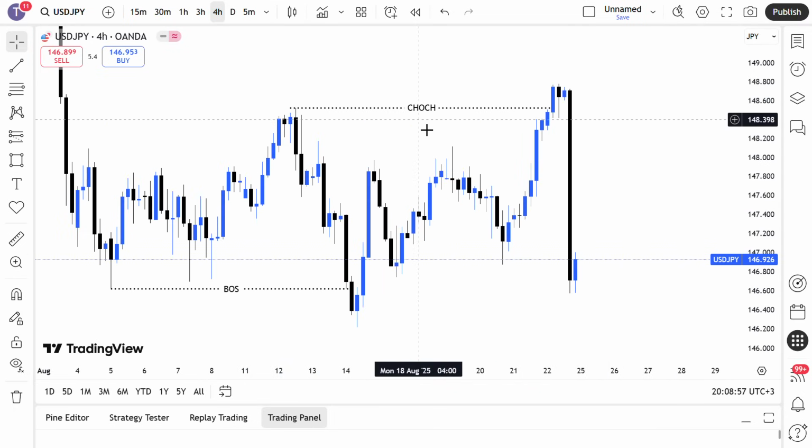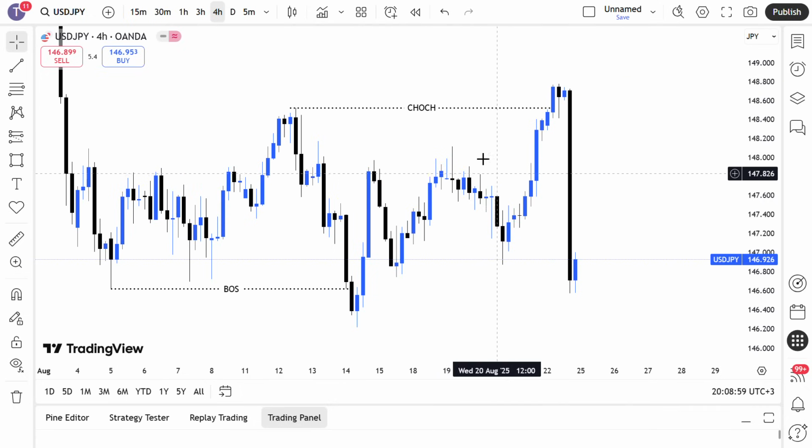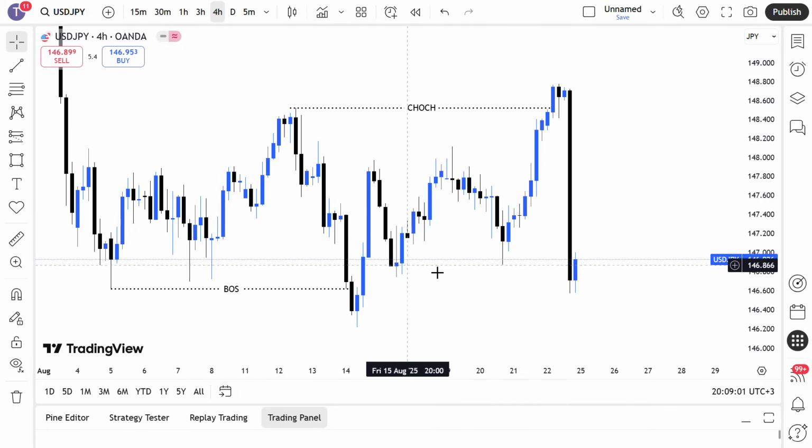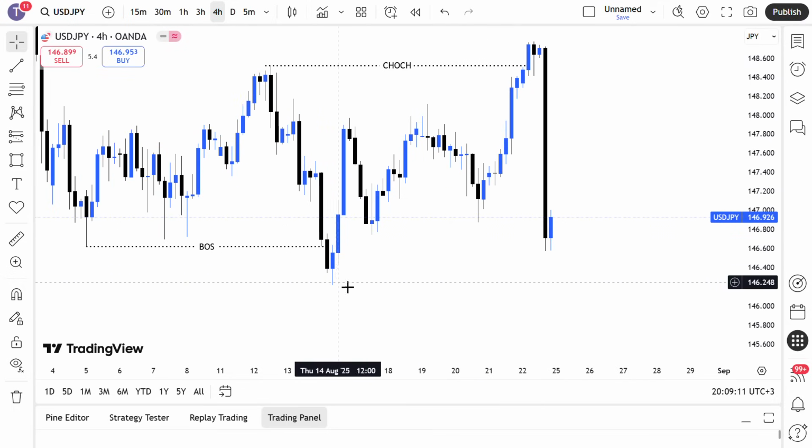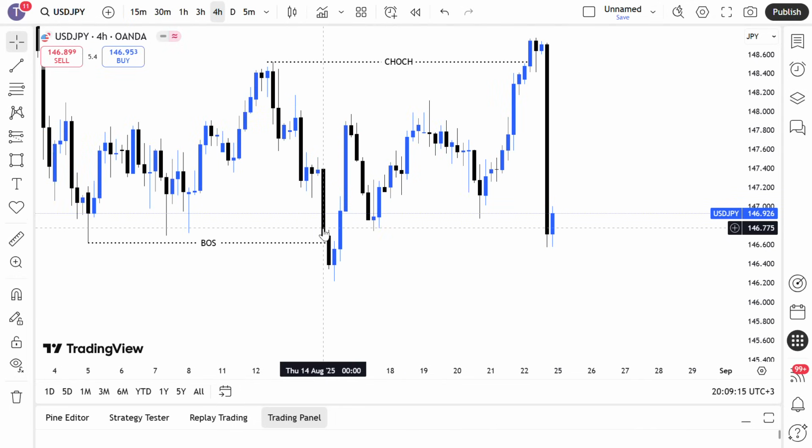After the change of character, all the internal structures become liquidity. So this low and this low are both liquidity, and we will be looking for buy entries from down here. In this case, we have this 4-hour order block already mitigated by this pullback.